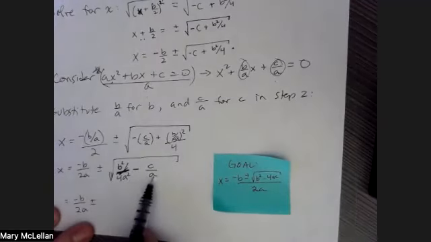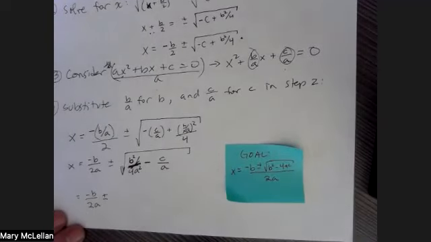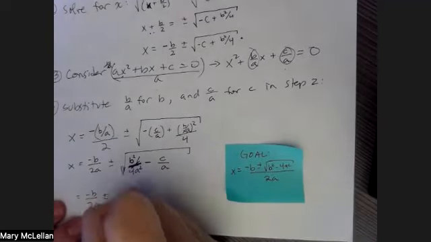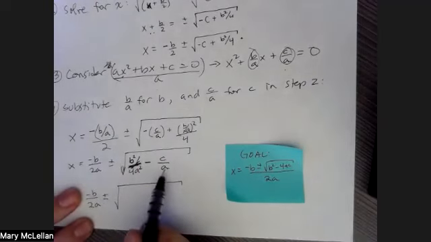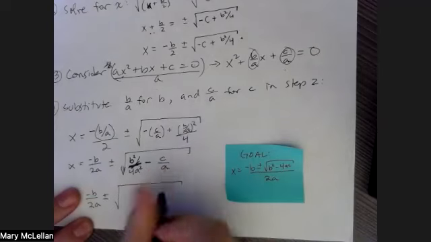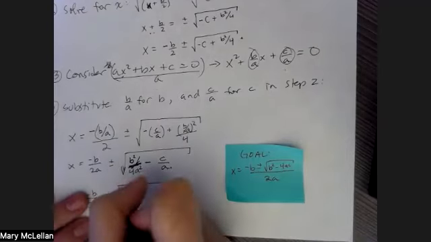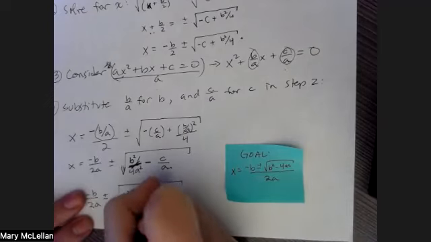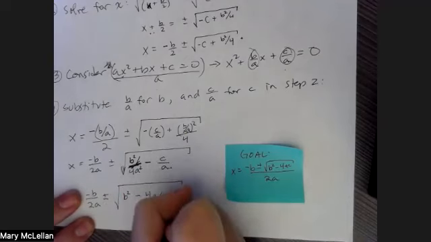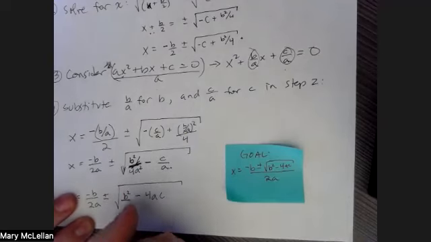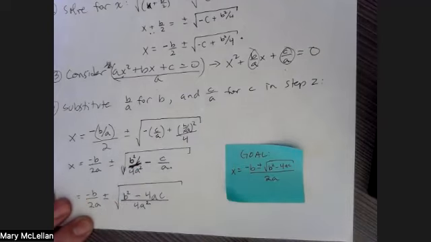Now I have a fraction and I want to combine it. So I need to have common denominators, meaning this one is going to need to be multiplied by 4a on top and bottom. So I have b squared minus 4ac, and all of this is now over 4a squared.